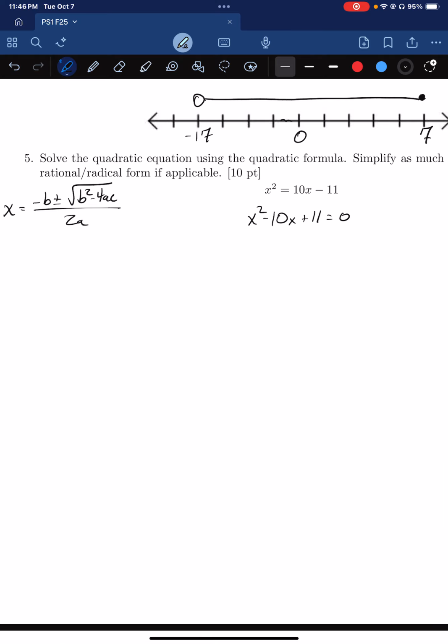Let's see. So a in this case is 1, b is -10, and c is 11.